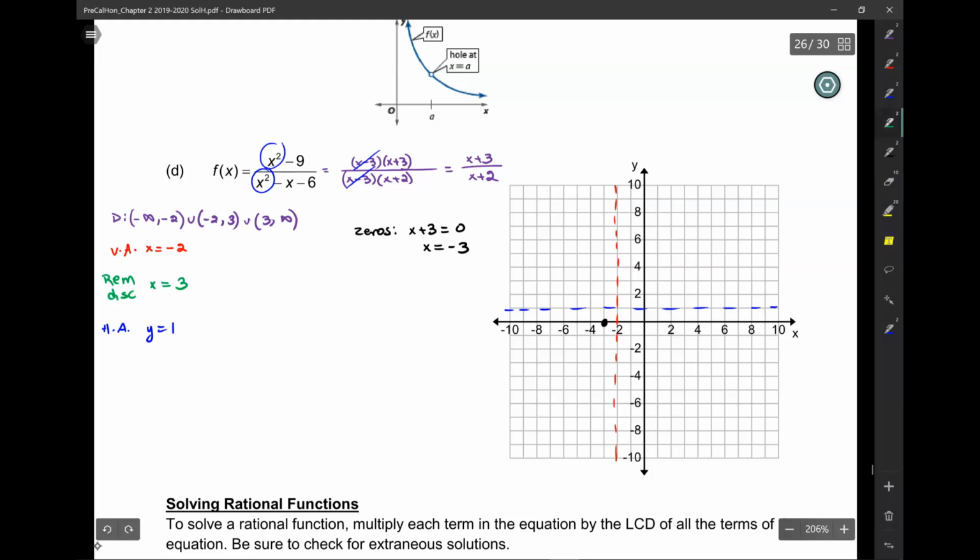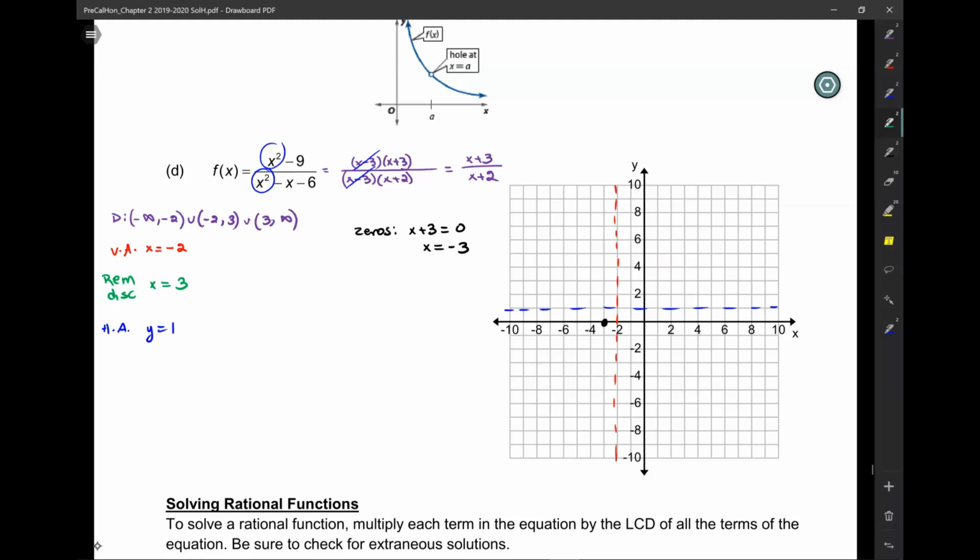Now, somewhere on this vertical line of x equals 3, there is a removable discontinuity. Where is it? How do we find it? Well, the way you find it is you can plug x equals 3 into this function.